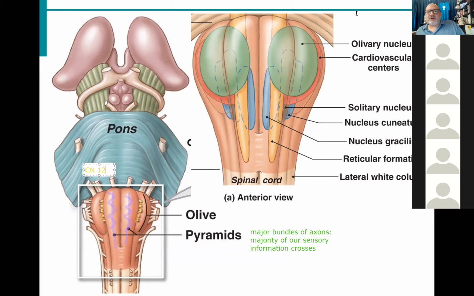Because notice over here to the lateral side of the brainstem are three more cranial nerves. These three cranial nerves are cranial nerves 9, 10, and 11.